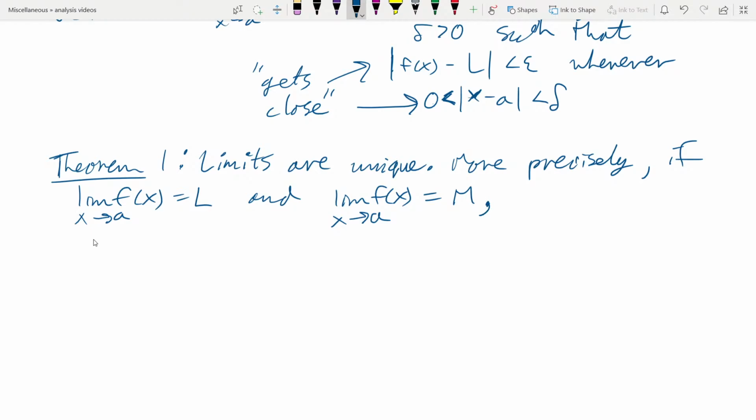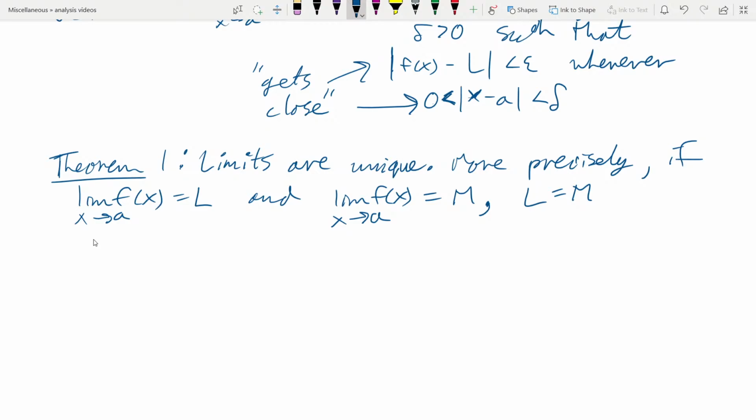However, if the limit of f of x as x goes to a exists, and L and m are two possibly different values for this limit, they actually must be the same.